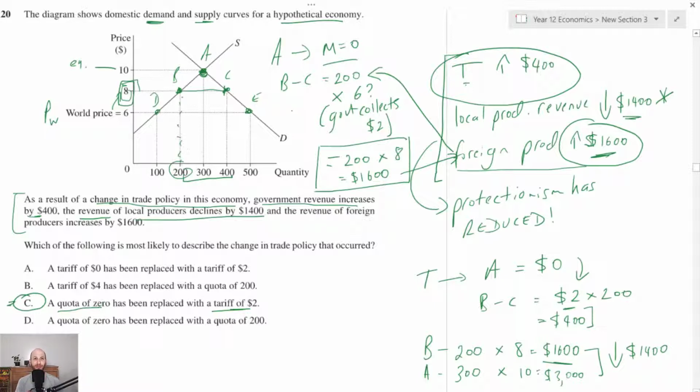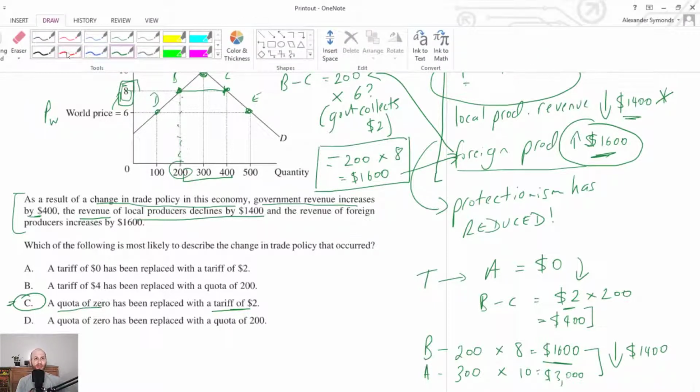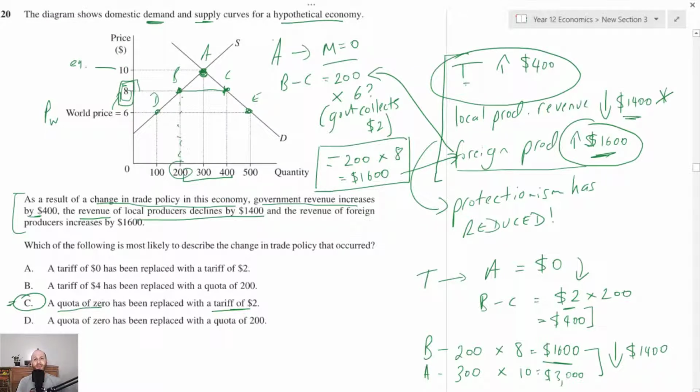Okay, this is a very challenging point to end on, and I know you probably might have questions going back to this to try and work it out again, and I understand that, but I'll just go over this little bit one more time here. Just looking here, right? At point A, there are no imports, so foreign producers make no revenue. Foreign producers make nothing.